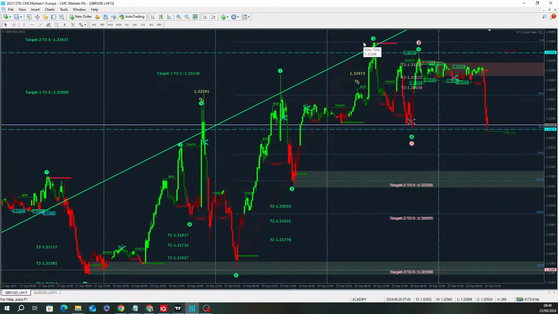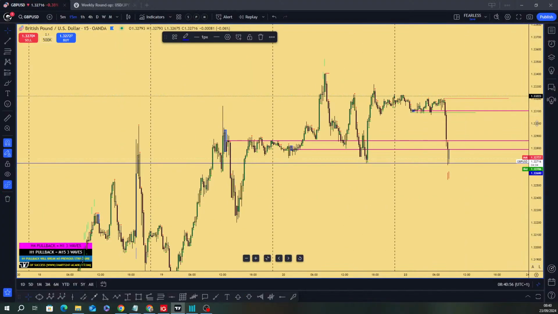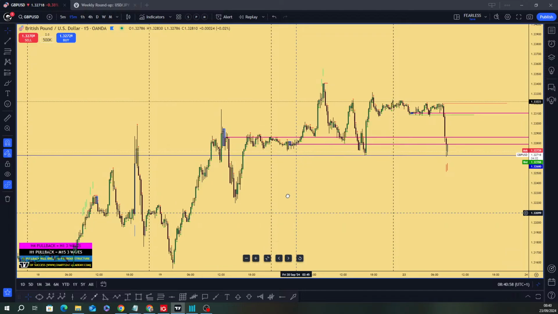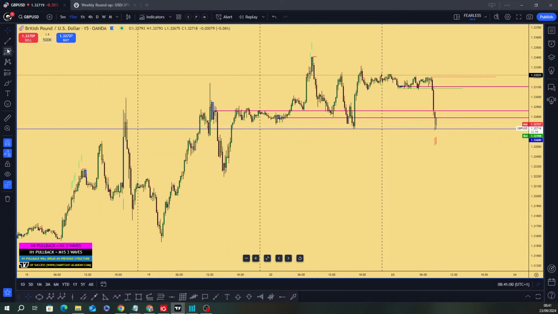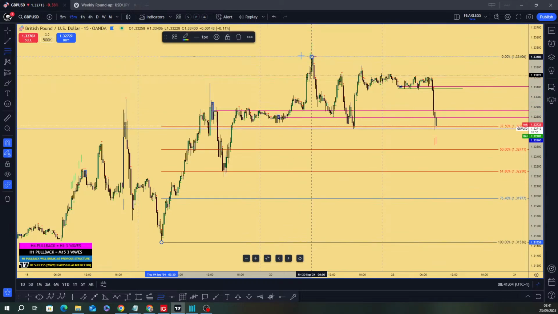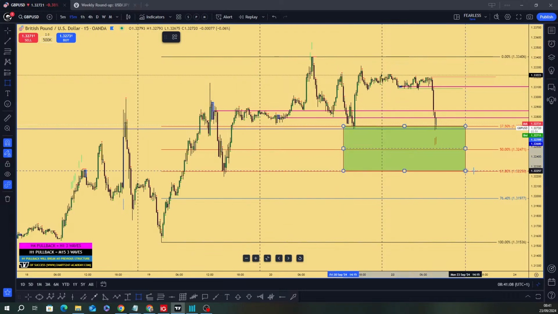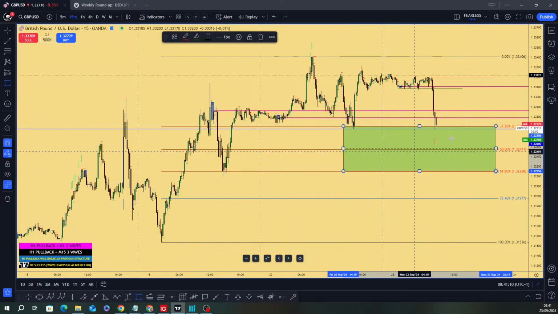So what I've done is I've placed the Fibonacci on the price. We can do the same on the TradingView. Looking for a buy zone. As you can see, we've come here once.